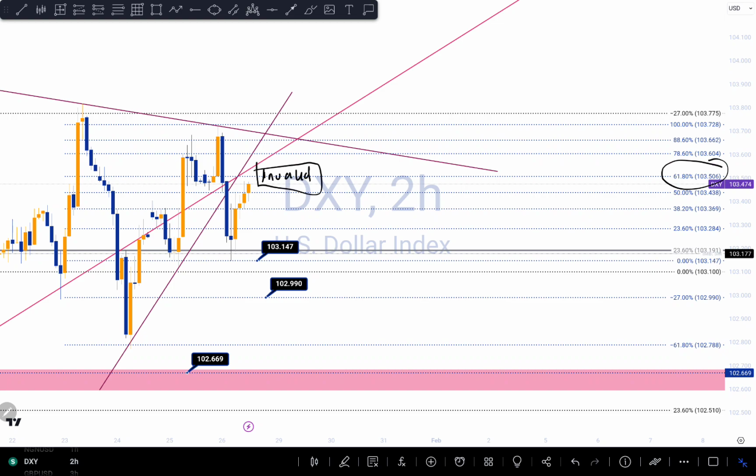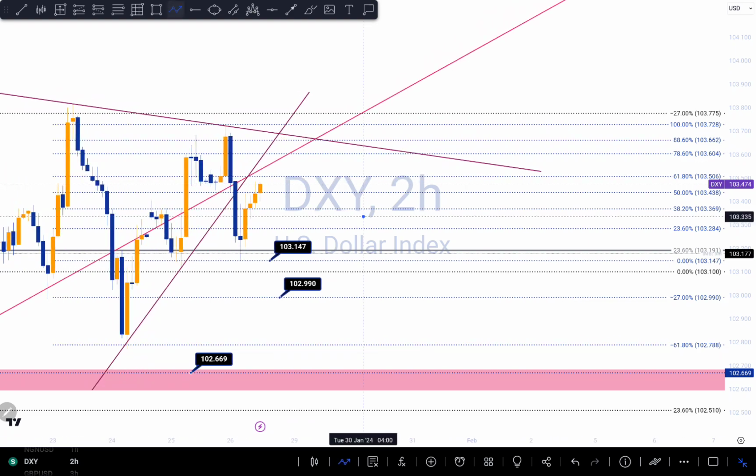Then I'm looking towards maybe coming to the 88.6% fib level to touch the trend line. So this would be my second point of interest if this becomes invalid. And let's see if the market is going to play around there before tanking to the downside.